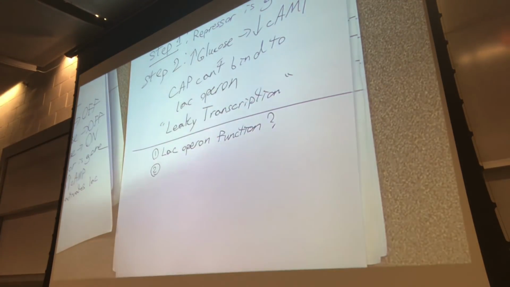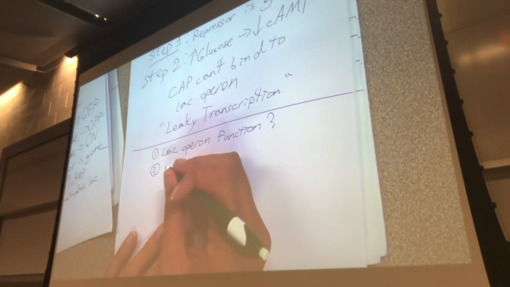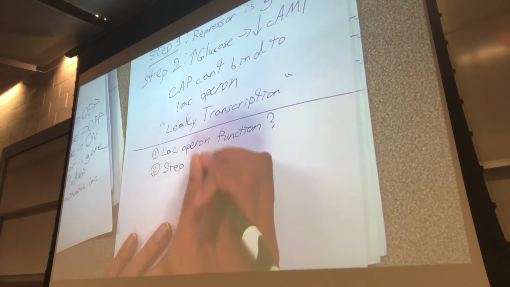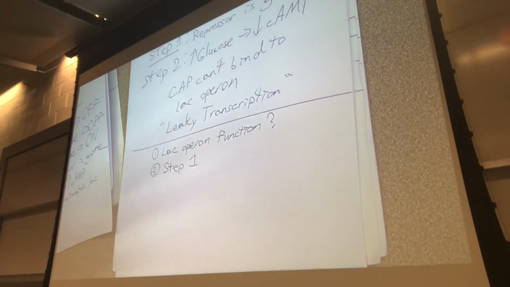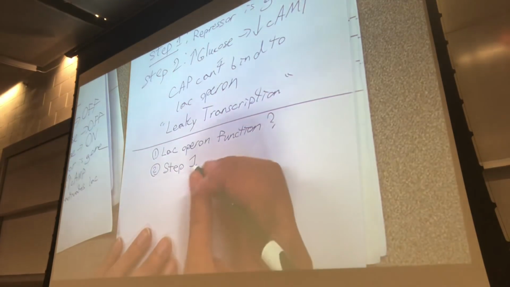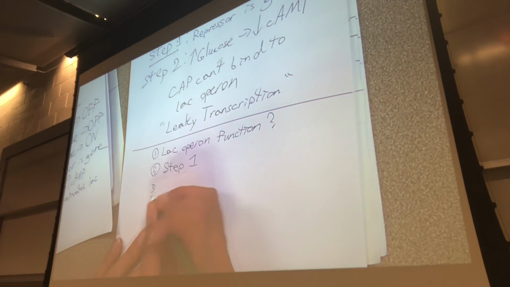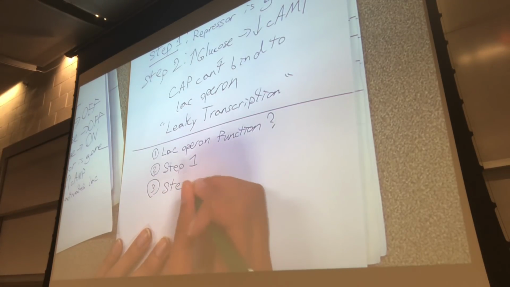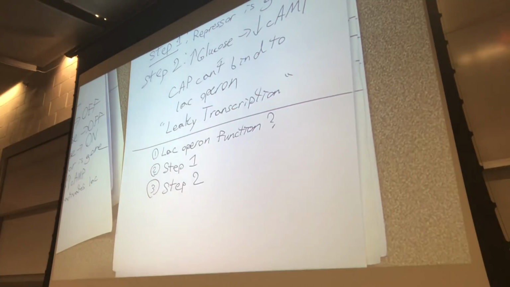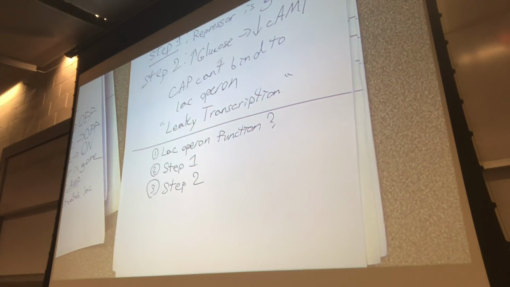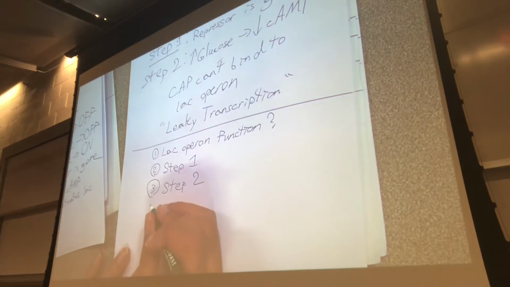2 is tell me the way the Lac Operon is regulated, which is 2 parts, right? Tell me step 1 in detail, the components of it, the co-inducers, everything. Describe to me step 1, and then describe to me step 2, which is the CAP protein, the CAP inducer. Tell me all about how you need cyclic AMP in order for the CAP protein to bind to the open promoter.